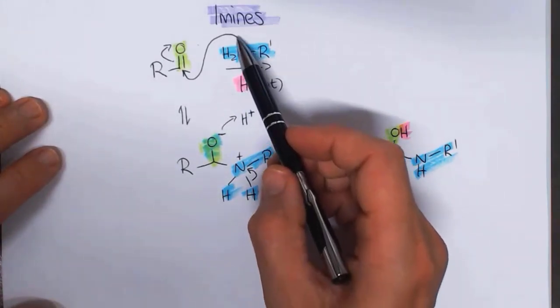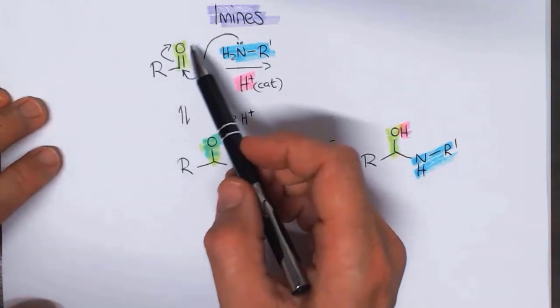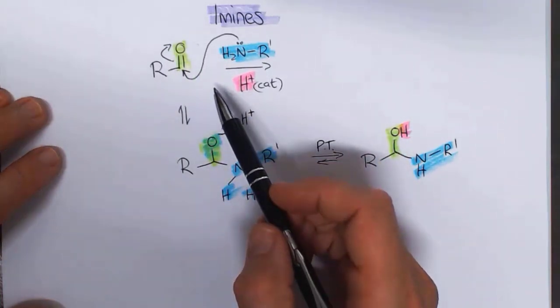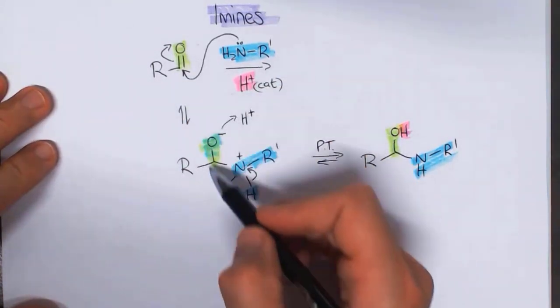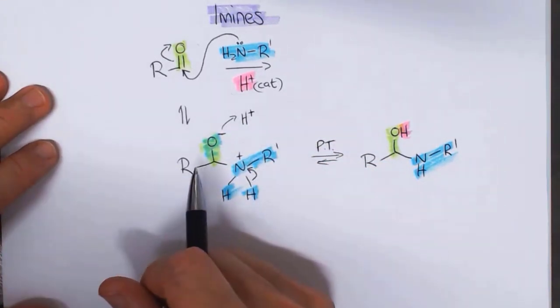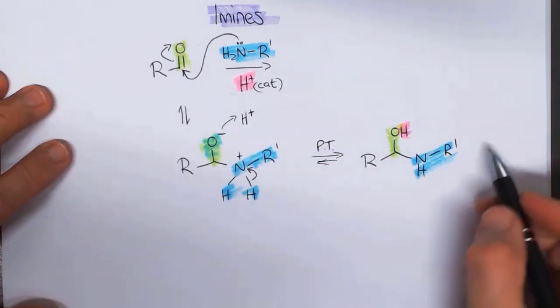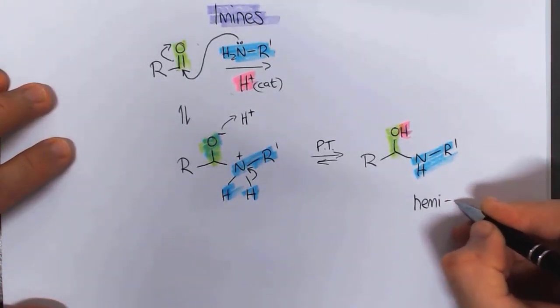The acid will want to associate there. Some may associate on the lone pair of electrons on the oxygen, so it is okay to draw it that way. But if you draw it this way, where you first generate the negative and then protonate it, that's also totally fine. At this point, we actually form an intermediate called a hemiaminal.